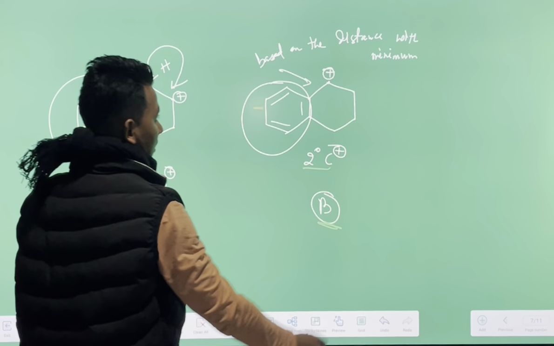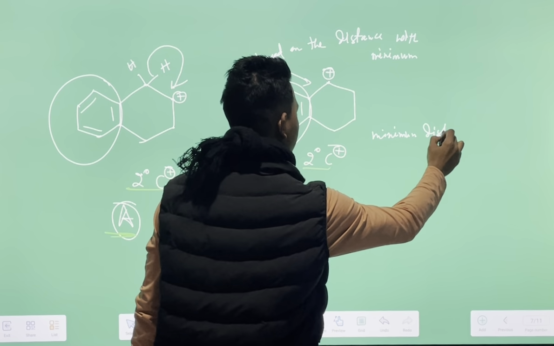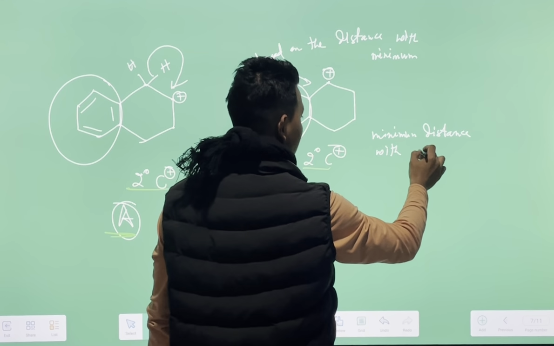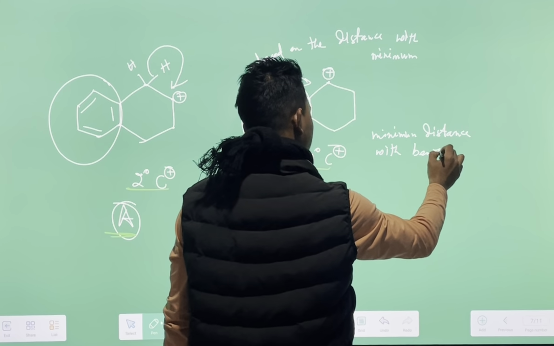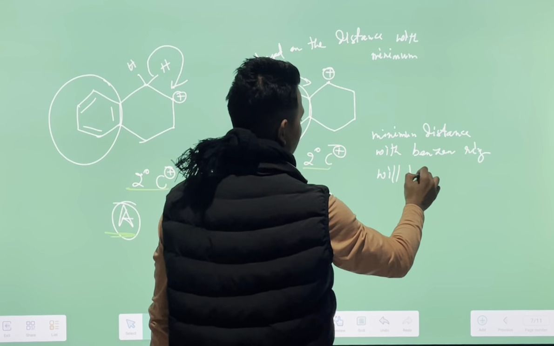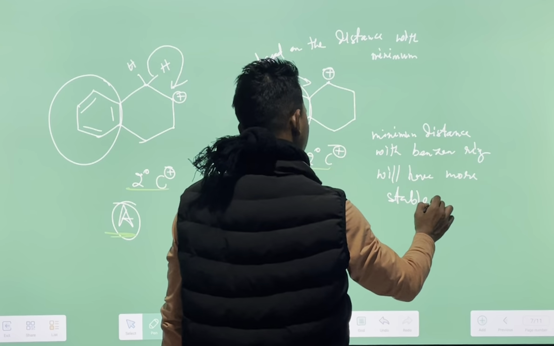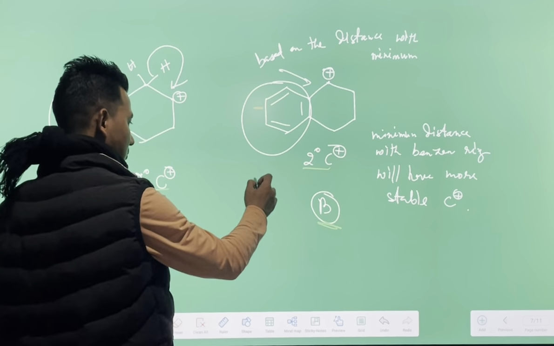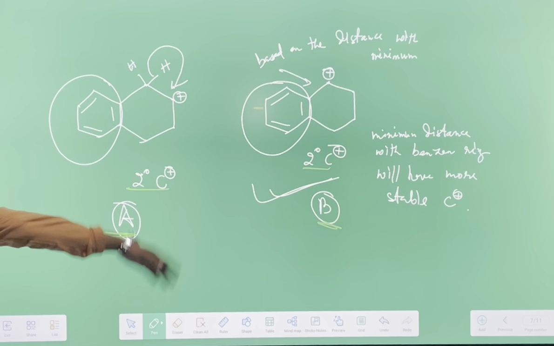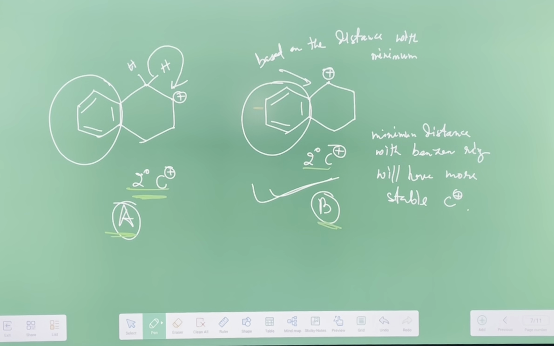So minimum distance with the benzene ring will have the more stable carbocation. So this structure will have the most stable carbocation as compared to group A.